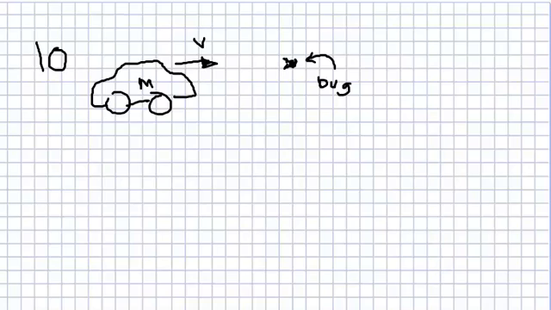I'll try to do better on question number 10, which asks you, when a bug hits a windshield, is the change in momentum of the bug greater than, less than, or equal to the change in momentum of the car? Well, let's think about this. When they collide, the bug will experience a force, of course, and the car must experience a force as well.